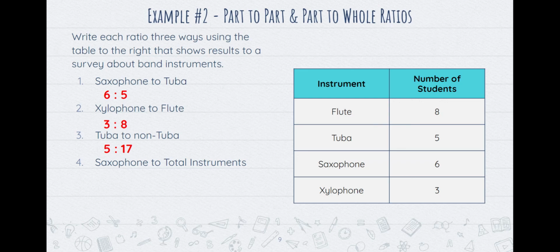You might see total or all or the complete. That's kind of your hint words. So in this case, we have 6 saxophone players to 22 total instruments. That's the overview. It's going to be something that we have to practice. And if we had to summarize it, ratios just compare things.